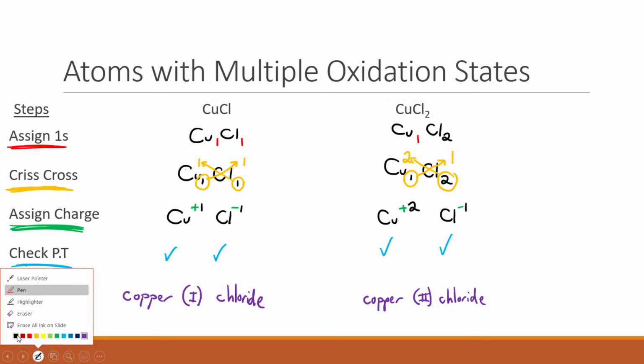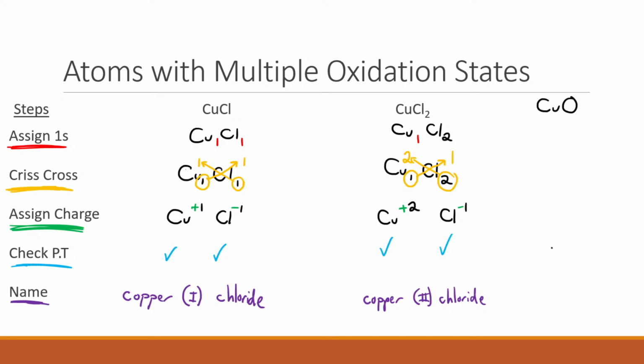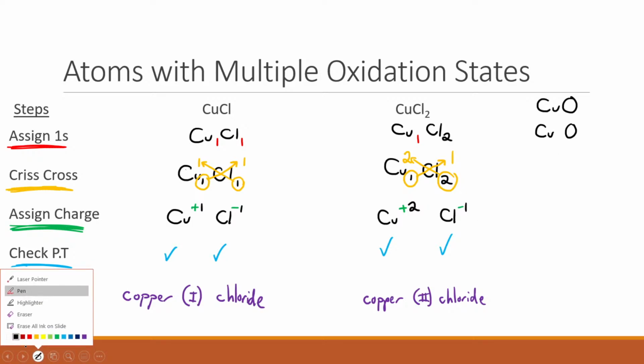So let's look at something like this. CuO. Copper and oxygen. Let's run through our steps. First step, we are assigning our ones. We are going to put a 1 for our copper, a 1 for our oxygen, because neither one of those has numbers there.